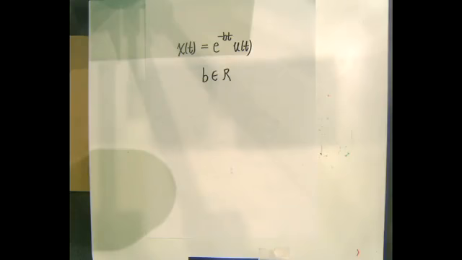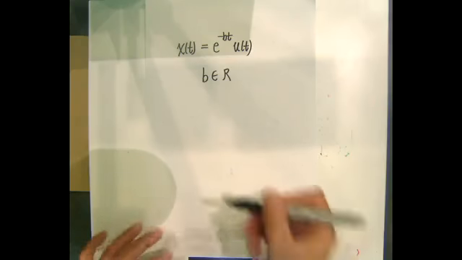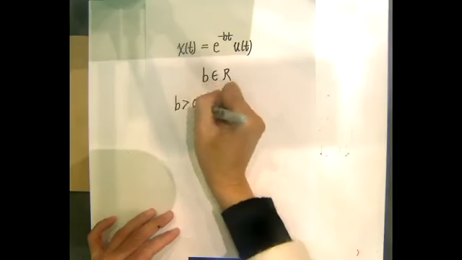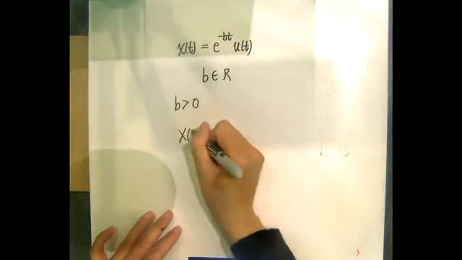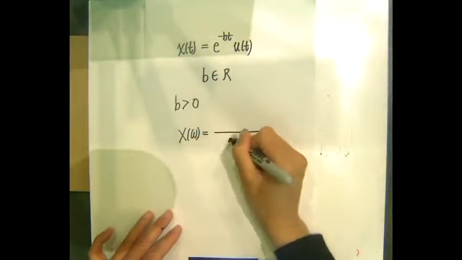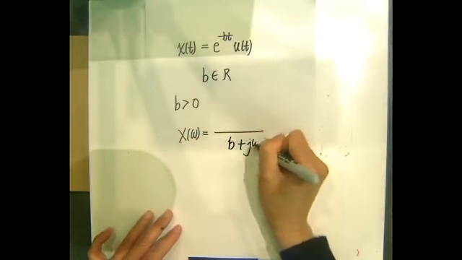So we know from chapter 3, if my beta is positive, my X(omega) will be 1 over beta plus j omega.